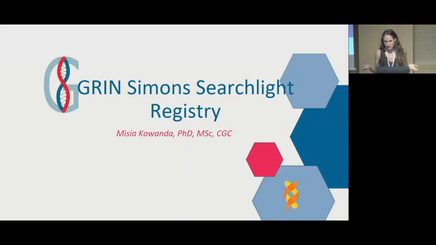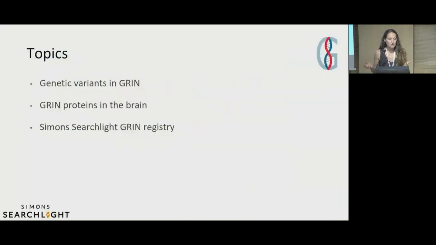I'm a basic researcher by training who then became a genetic counselor who now works on Simon's Searchlight for the last several years. Speaking with the organizers, I thought it would be great to have a little bit of a refresher, not a deep dive.